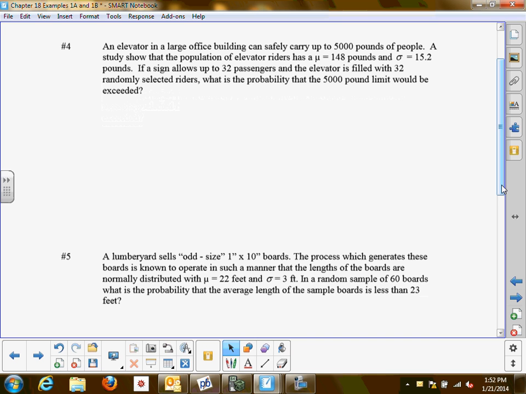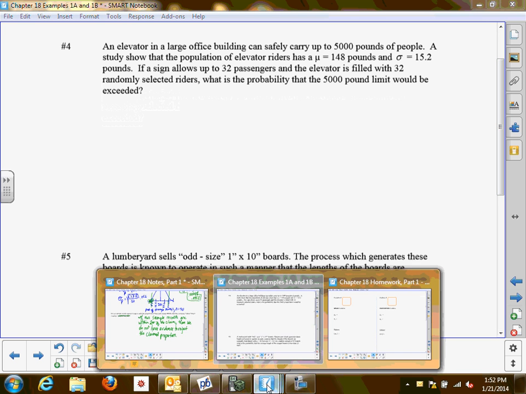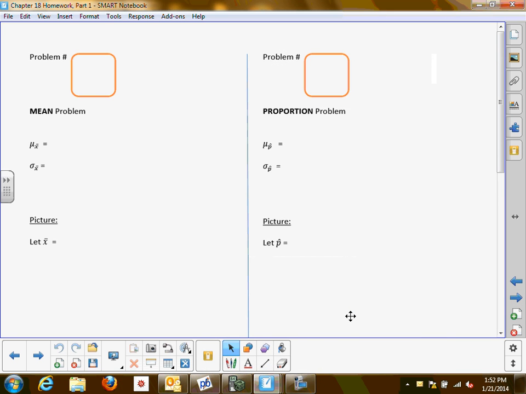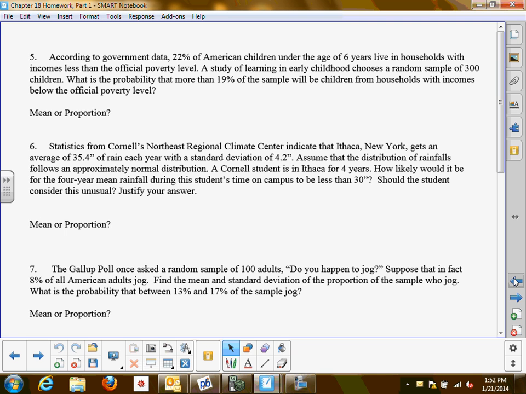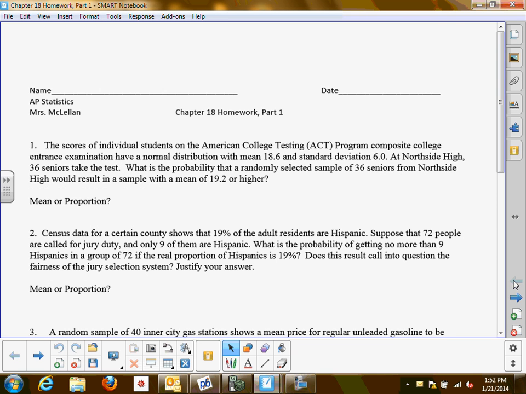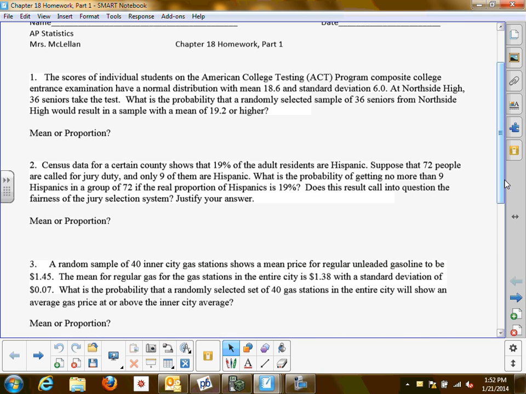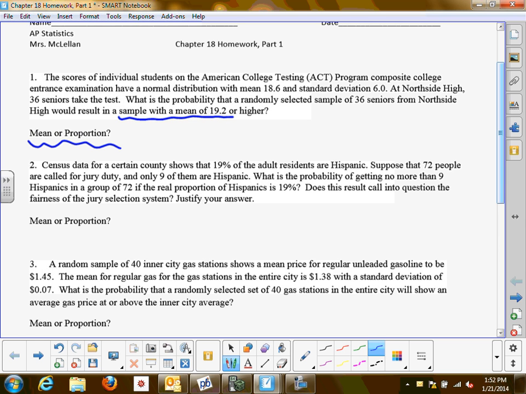Oh, actually, if I run out of time, let me tell you about your homework. Your homework is just 8 of these problems. The first thing you identify on your homework is whether you are dealing with a mean or a proportion. Okay, so for example, this first one, it's a sample with a mean of 19.2. So this is probably what kind of problem? A mean problem.